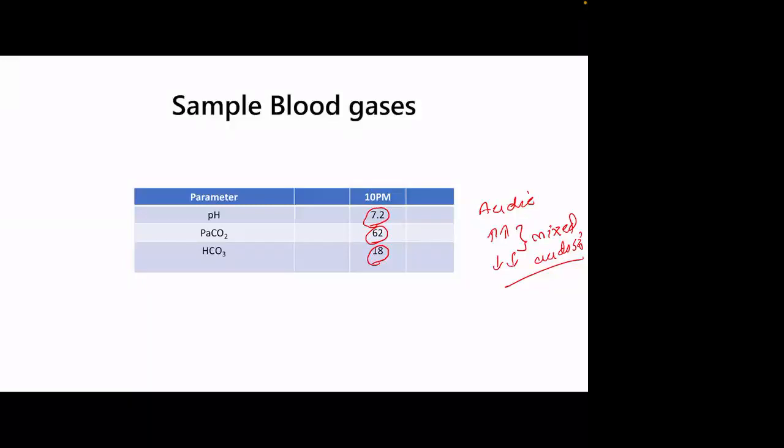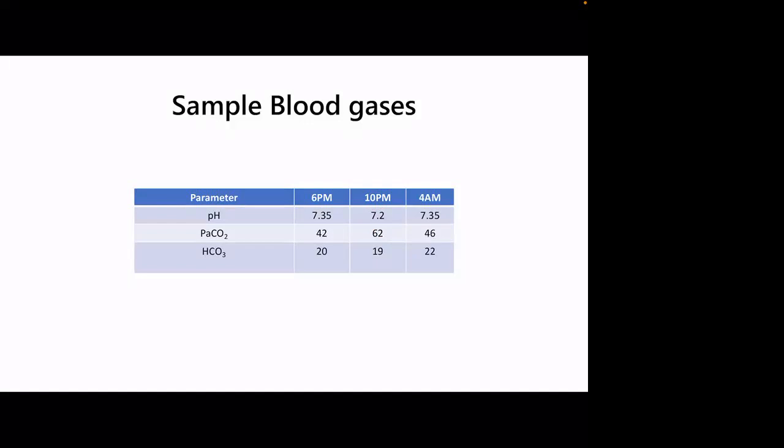If we look at the previous blood gas, we can see that at 6 p.m., the same infant had a perfect gas with a PaCO2 of 42, bicarbonate of 20 and a pH of 7.35. But at 10 p.m., this infant has respiratory acidosis with an increase in the PaCO2 levels, and the bicarbonate is not that much decreased.